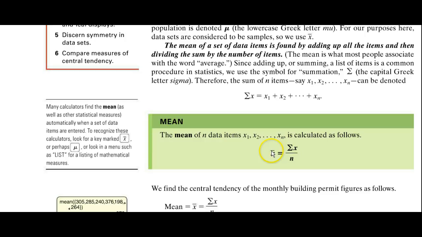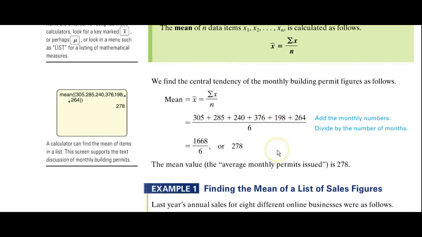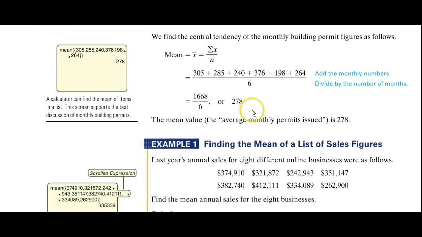And then this is the formula. X bar equals the sum of x's divided by the number of items that were added together. So in figuring out the example above, we have our general formula. The mean is equal to X bar, the sum of all the items of data divided by the number of items of data. And it is done this way.